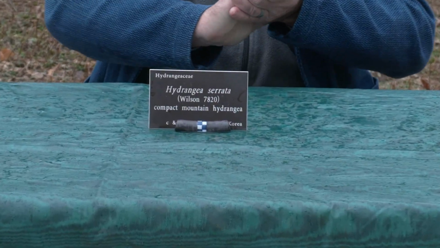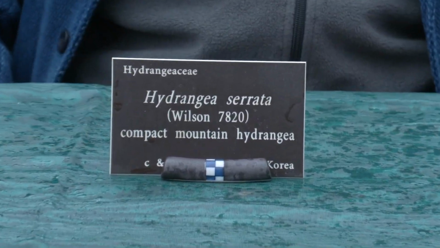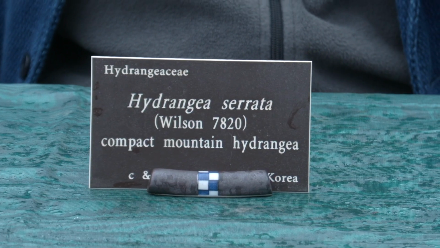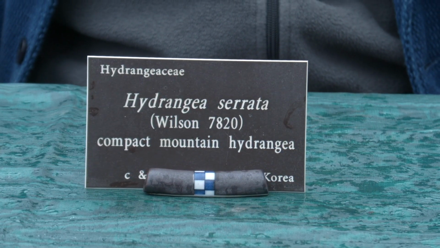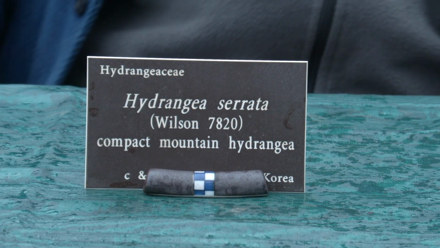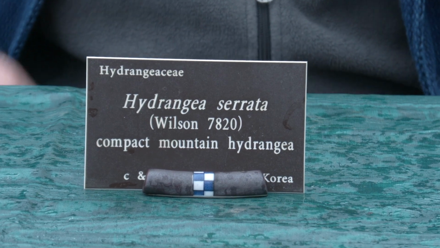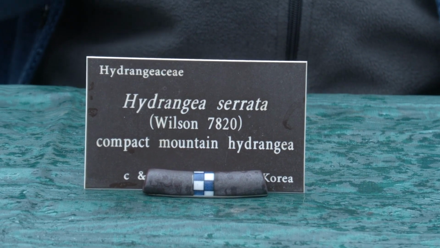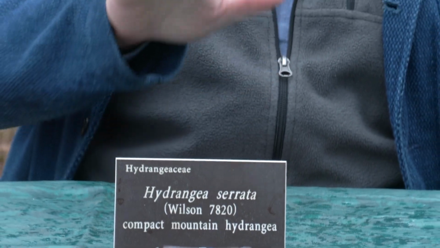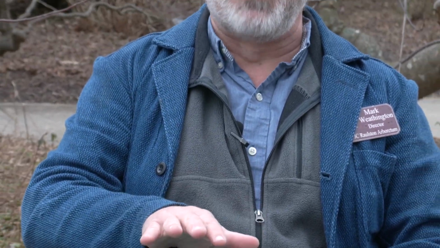Sometimes we have a descriptor when it's a plant that is different and distinct, but nobody's ever put a cultivar name on it. This one, Hydrangea serrata Wilson 7820. That's right, 7820. This is actually one of my all-time favorite Japanese mountain hydrangeas.